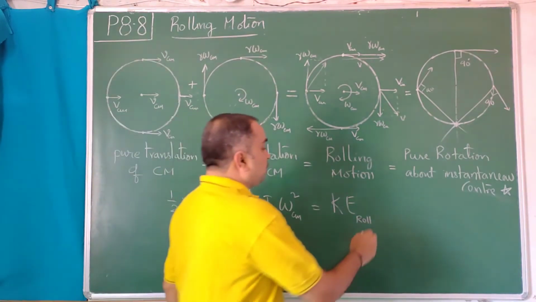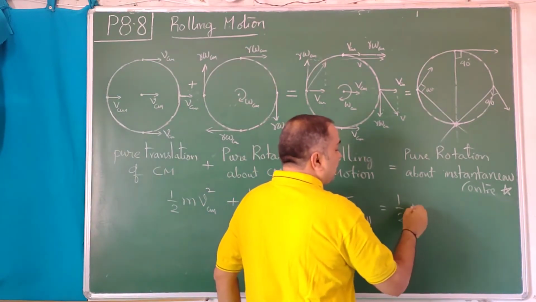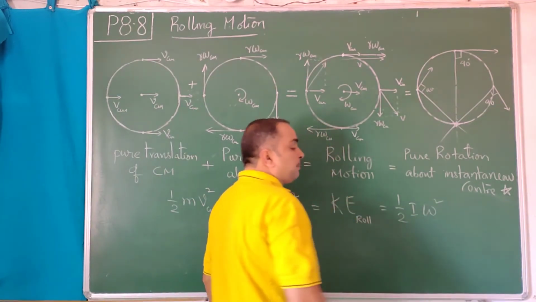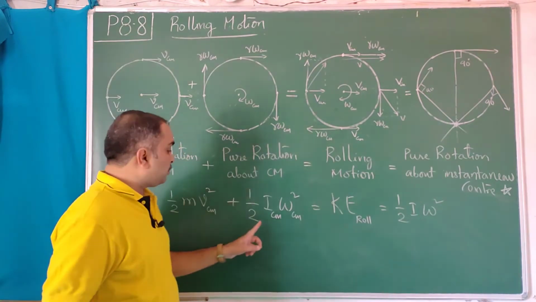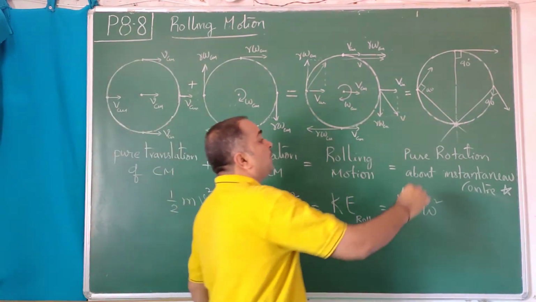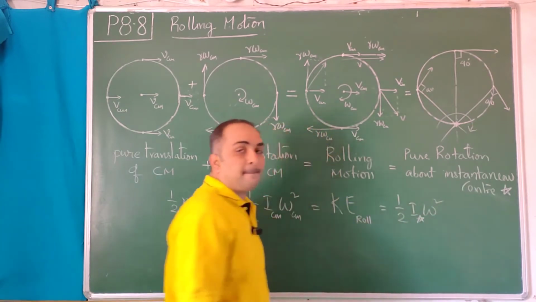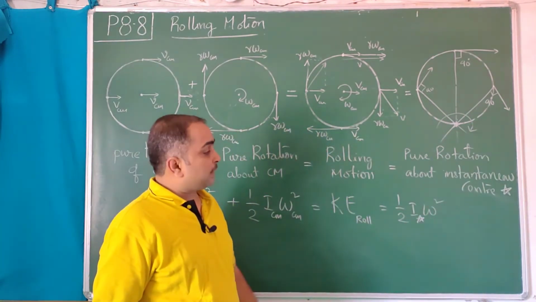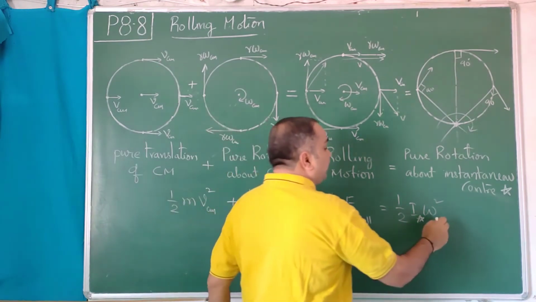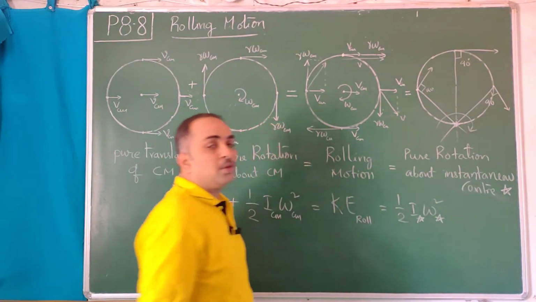This is also equal to half I omega square, but there is a difference here. This is ICM, no? Now rotation is happening about this axis. So I about the instantaneous center times omega about the instantaneous center whole square.